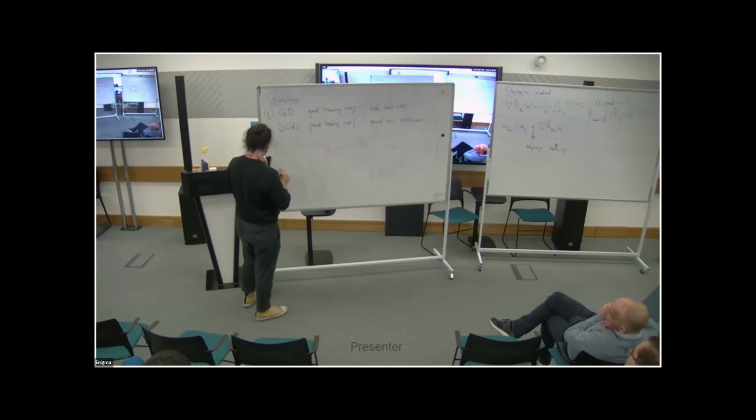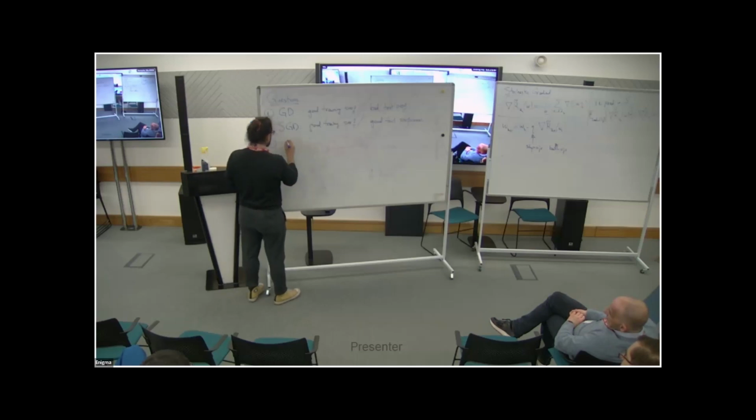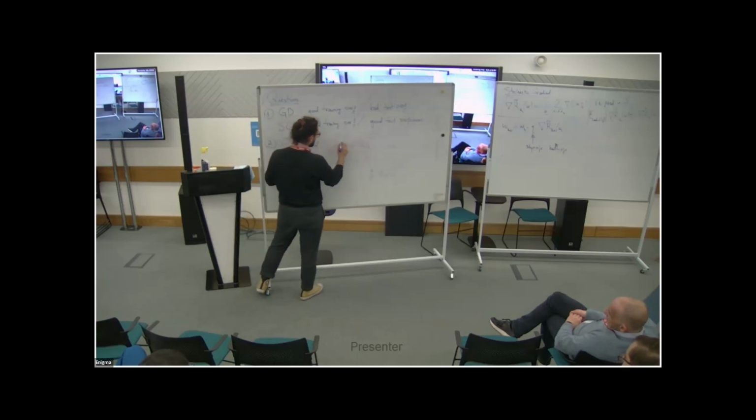Okay, the second thing. If you look at the current generalization bounds, if you remember, the generalization bounds are error bounds on the generalization gap.